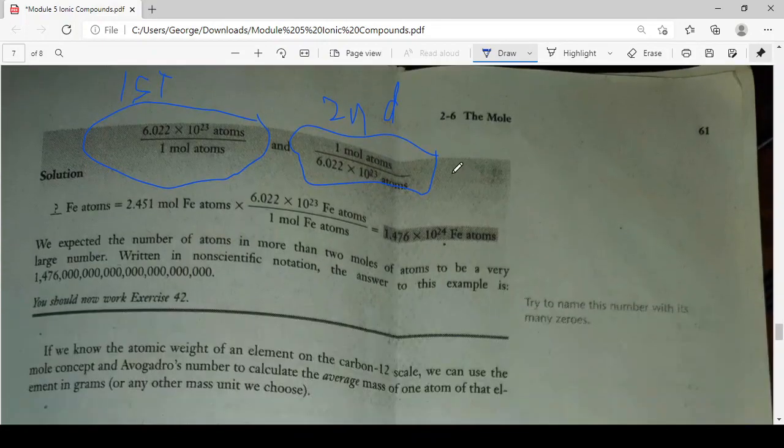So again, we are given 2.451 mole of your Fe atoms.